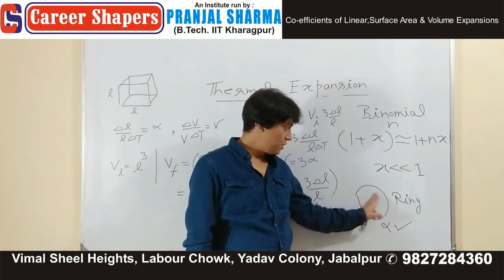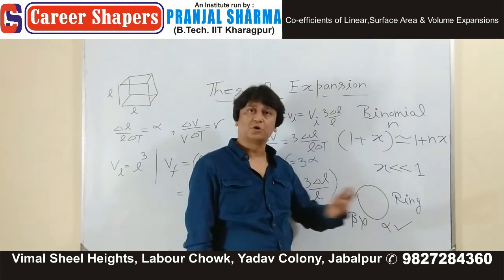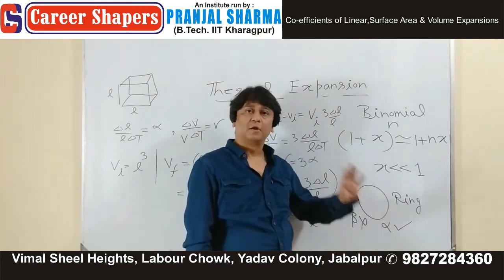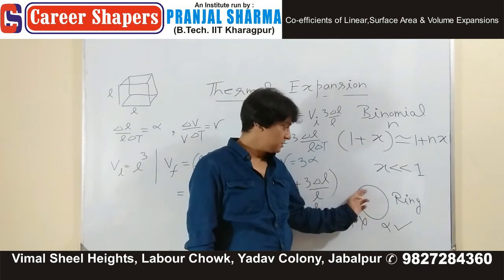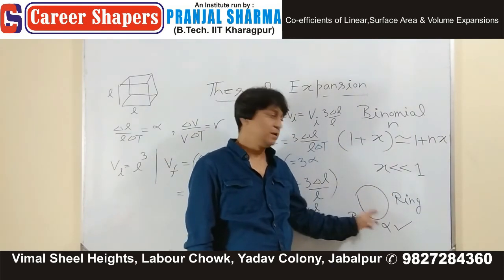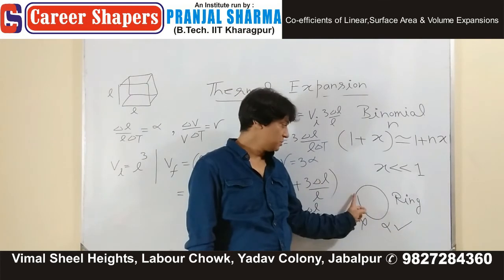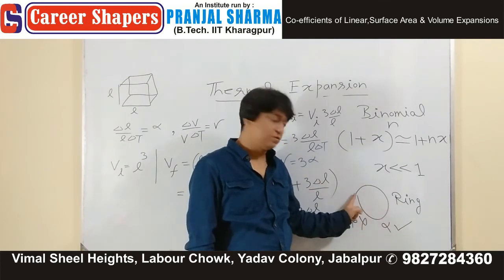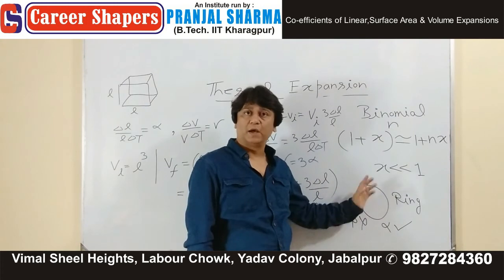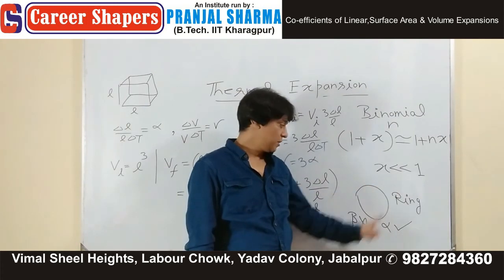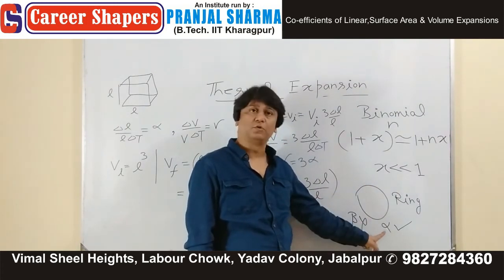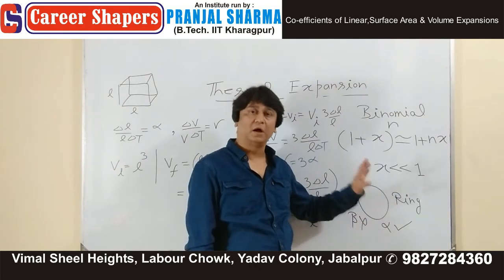There is no material over here. It's not a disc. If you have a disc, then this place is also occupied. It's a ring. Ring means only one length. Area wise nothing is present, and therefore we need to use concept of alpha.